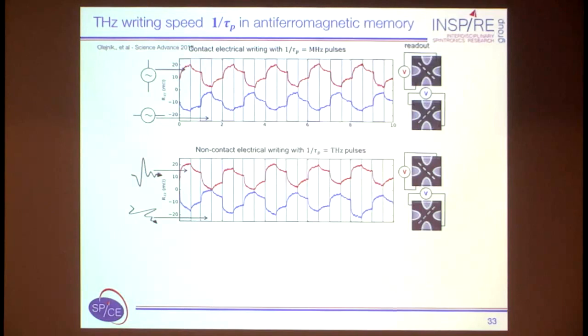You can see that they're different, okay? If you look at the wiggles, they're definitely different wiggles. Not only that, one of them is 1,000 times faster than the other. The difference here is that in the pulses themselves, one is megahertz, one is terahertz. And they're behaving the same.